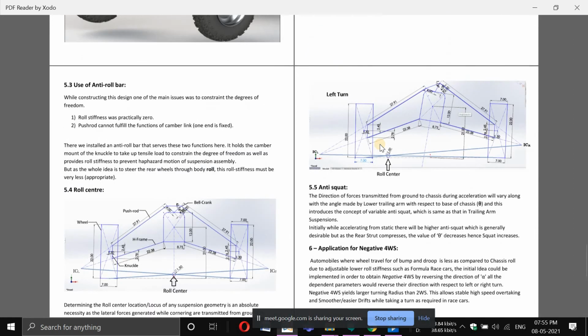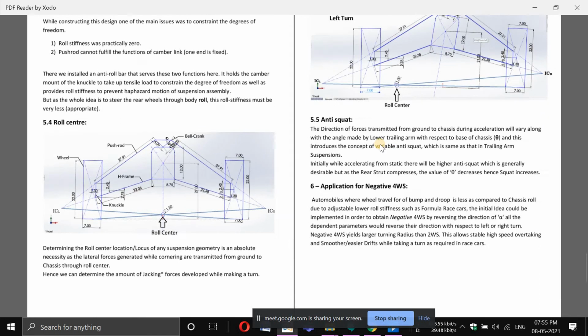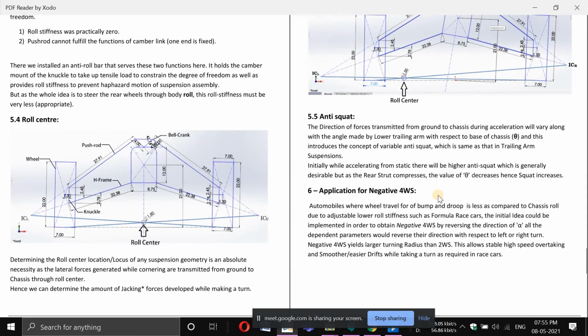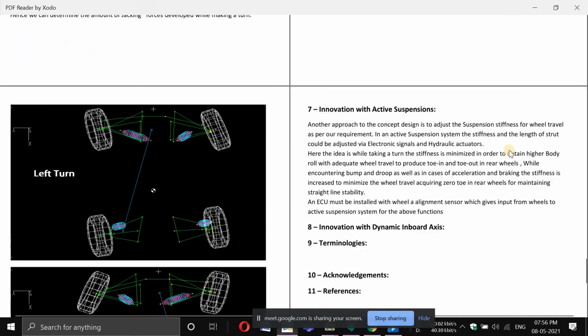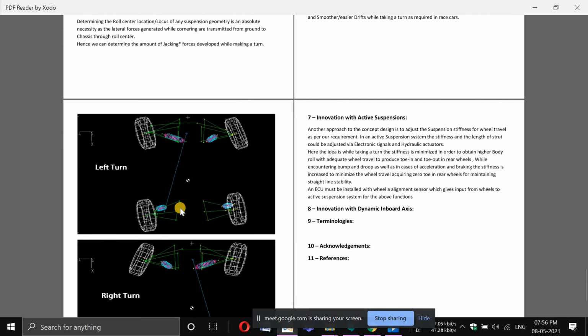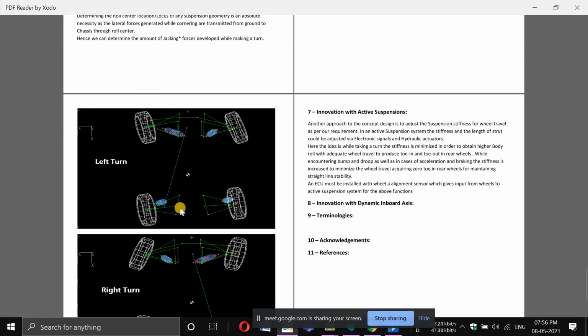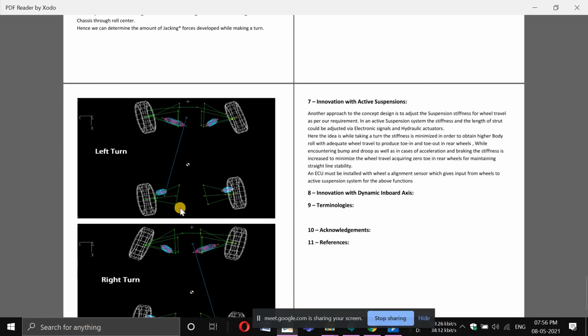I have done some other theories as well for this, such as applications in negative four-wheel steering. If we had reversed the angle alpha, for example, in our case the alpha was positive, what if we had made that alpha angle negative?